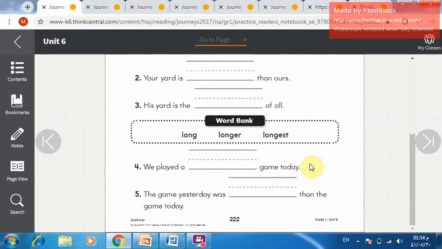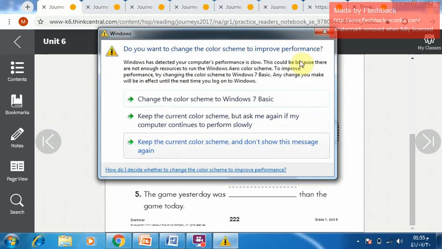Okay, next one. You have long, longer, longest. Number 4. We played a dots game today. We played a long, a longer, a longest game today. What do you think? You know when to use the one with 2 letters, when I'm comparing 2, or when I'm using this one with 3 letters in the end, when I'm comparing 3 or more.